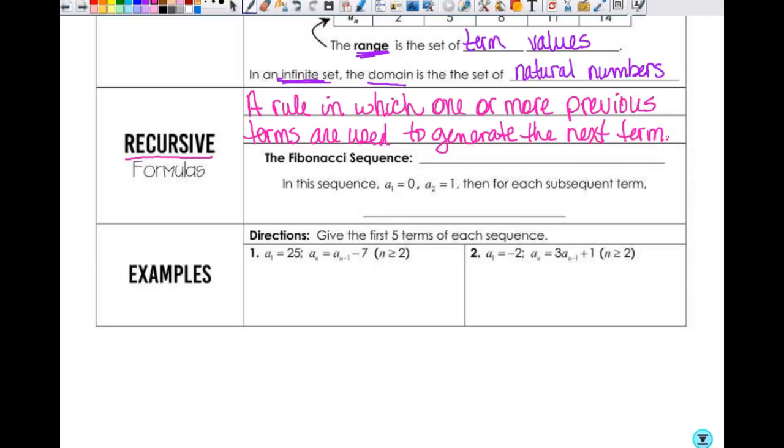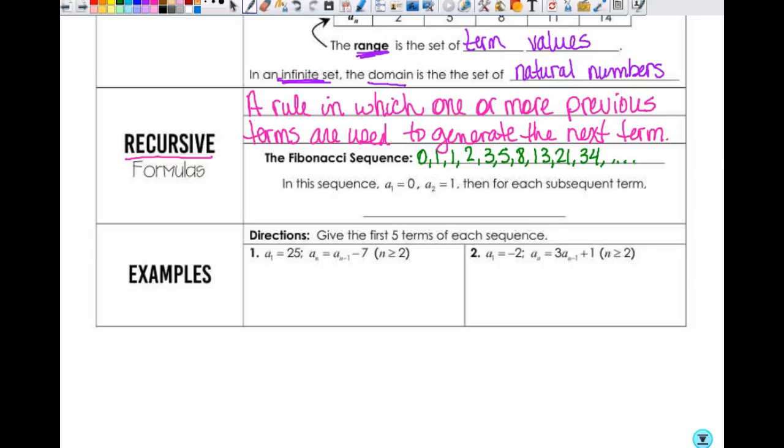So one very common example of that is the Fibonacci sequence. So that is 0, 1, 1, 2, 3, 5, 8, 13, 21, 34, and so on.